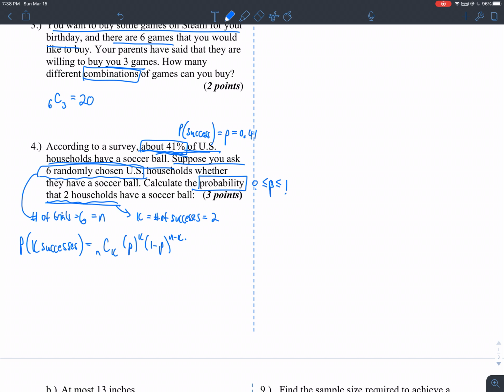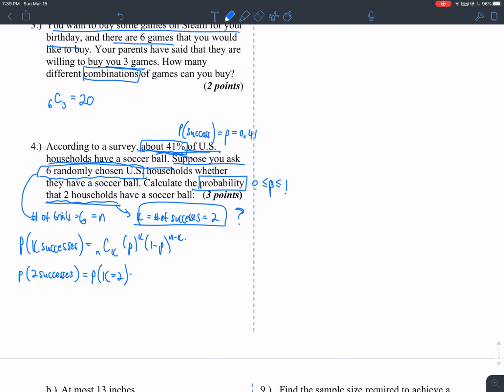And all I'm having to do is answer this question. What is the probability of 2 successes, that 2 households own a soccer ball? And so I go, okay, the probability of 2 successes, or the probability that K is 2, like we set up here. Either of those are the same.